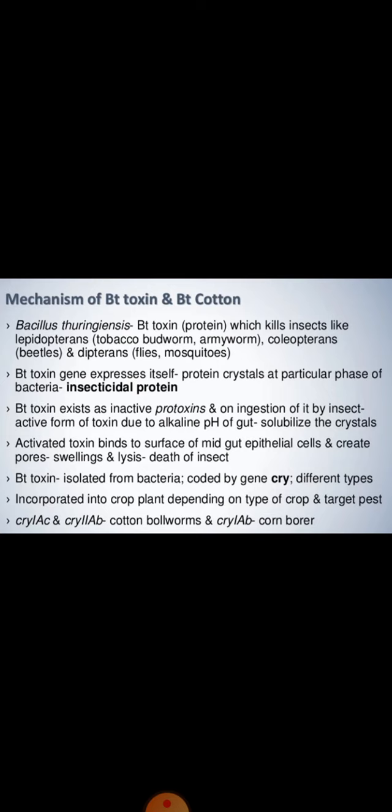Now let's see how this Bt toxin works. There are some strains of Bacillus thuringiensis which produce a protein, and this protein is termed as Bt toxin. This protein has the capability to kill certain insects.